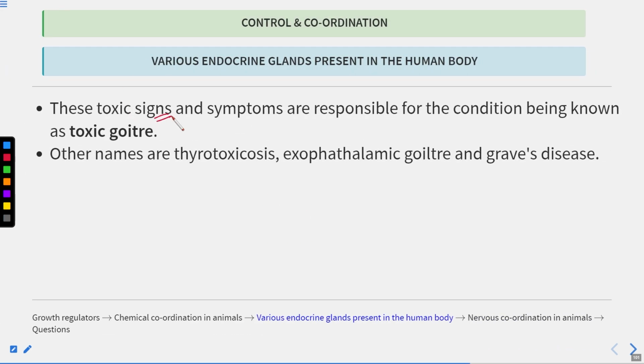Now these toxic signs and symptoms are responsible for the condition known as toxic goiter. So you can see the term goiter is used for both hypothyroidism as well as hyperthyroidism.